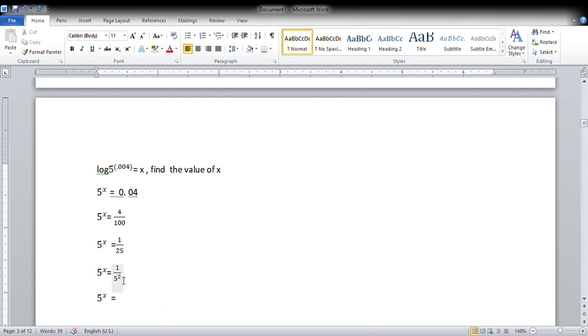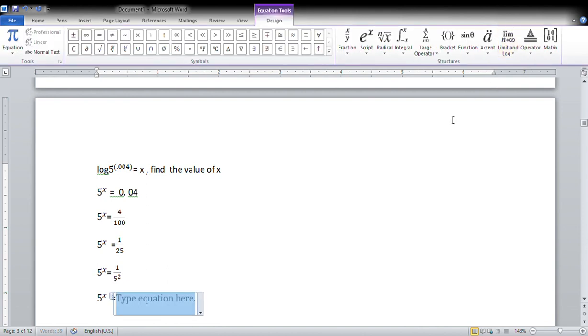If we want to move the number from the denominator to the numerator side, we have to change the sign. We have already studied all this in indices. So it is 5 to the power minus 2, right?